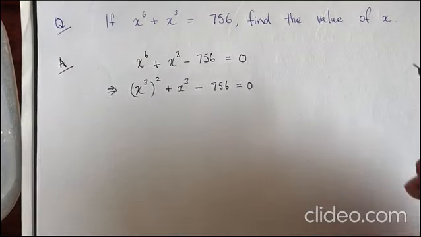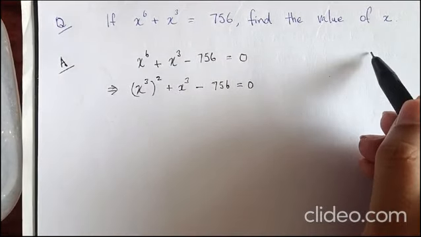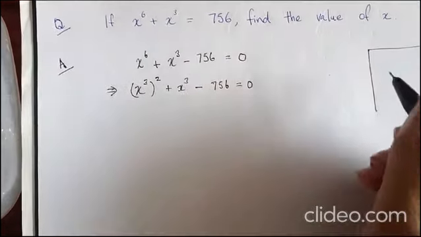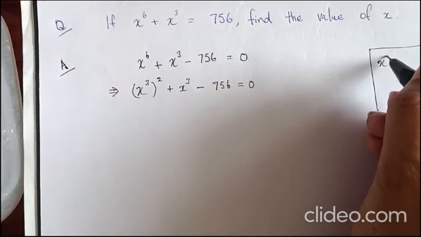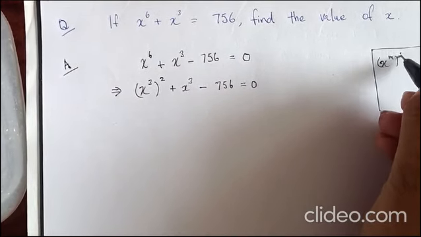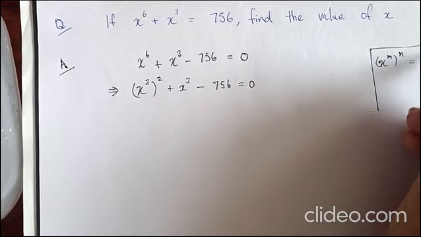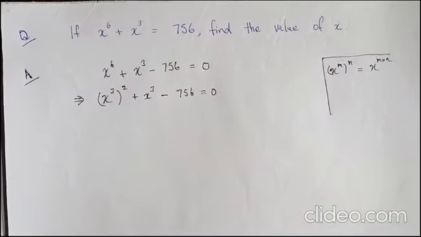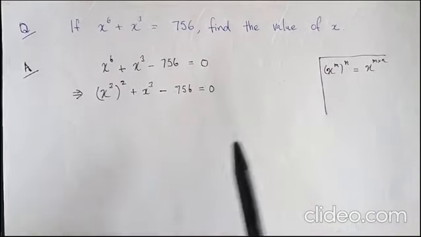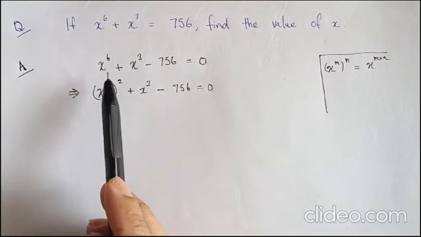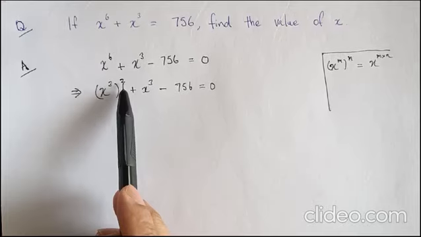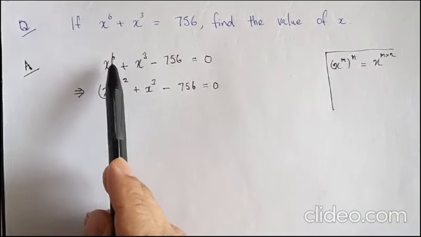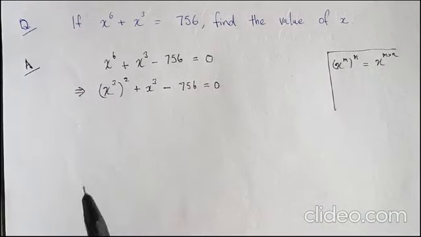Because all that I have used here is the property of powers, where very simply x to the power of m to the power of n is equal to x to the power of m into n. So x to the power of 3 whole to the power of 2 becomes x to the power of 3 into 2, that is x to the power of 6.